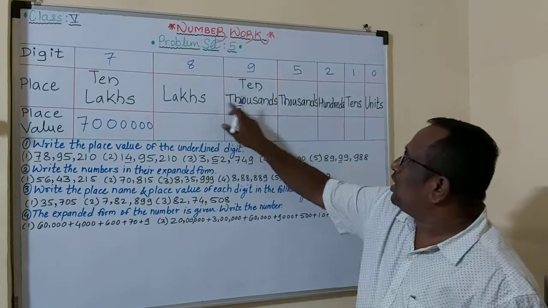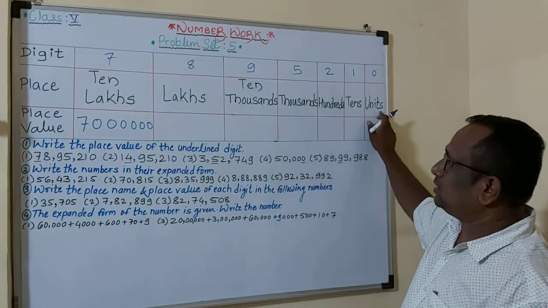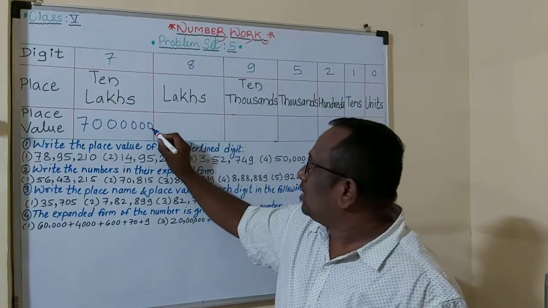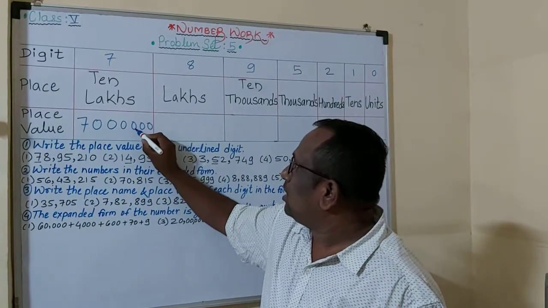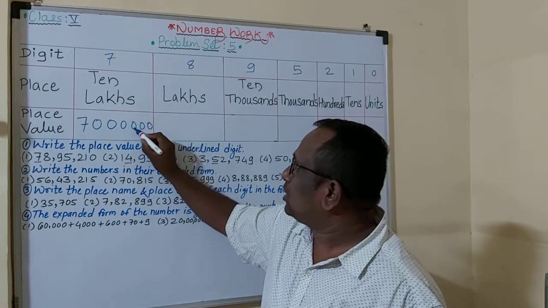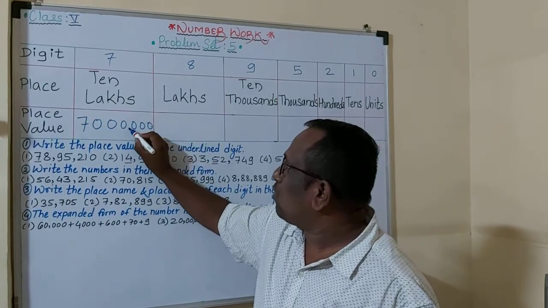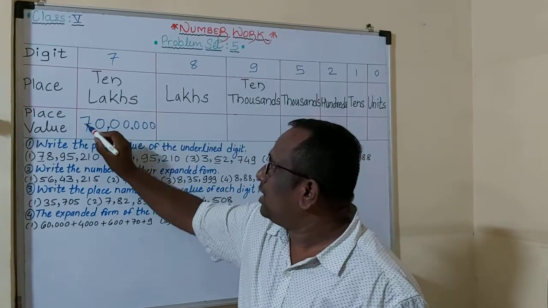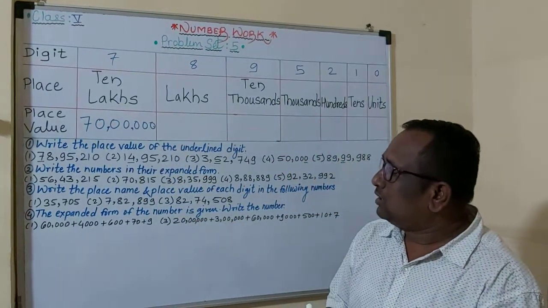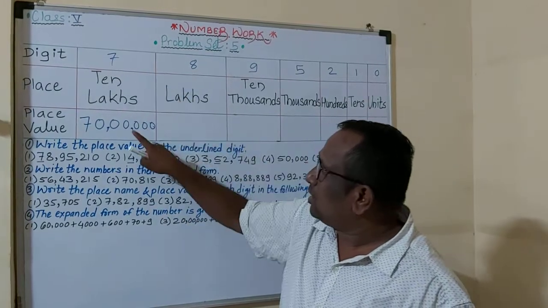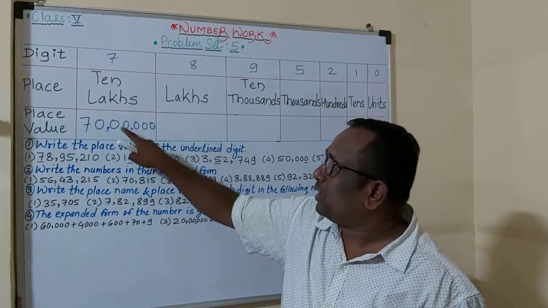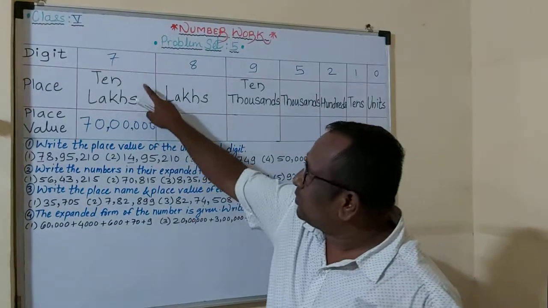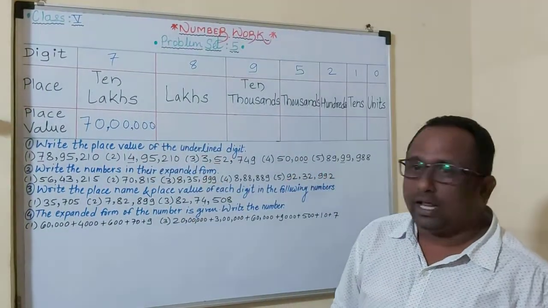Now we'll see: unit, 10, 100, comma, 1000, 10,000, comma, lakh, 10 lakh. So the place value of 7 is 70 lakh. Okay, the place value of 7 is 70 lakh.